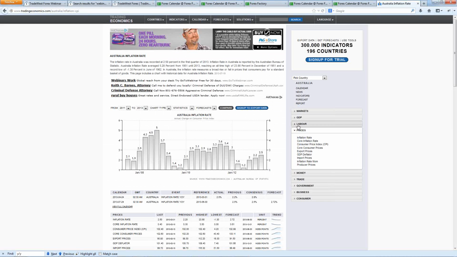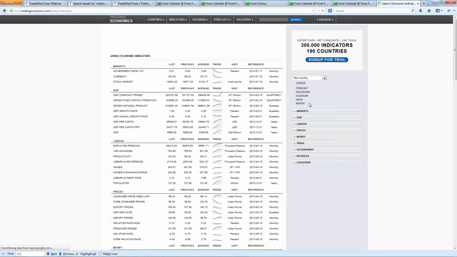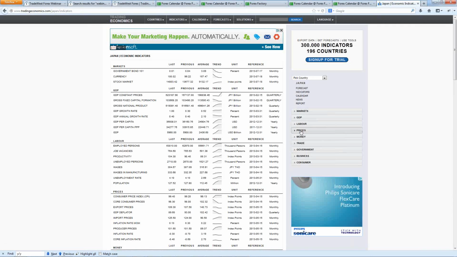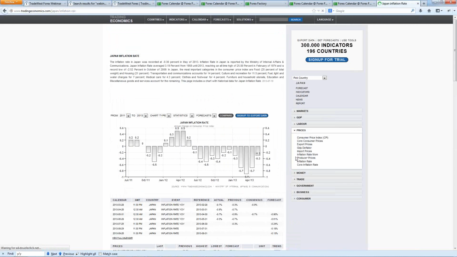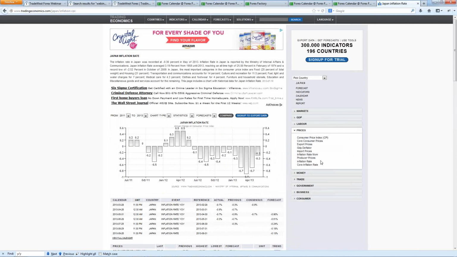We've looked at the yen. We looked at Japan's inflation rate, and everything was good there. Under price, inflation, you can see everything's good on that, but let's look at the interest rates.